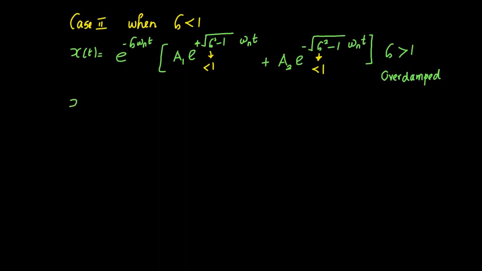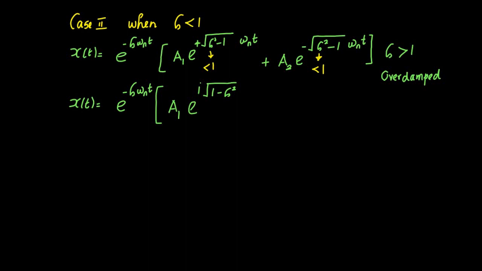x of t is equal to e raised to the power minus eta omega n into t, into a1 into e raised to the power. You see, I can write this expression as root of 1 minus eta square, taking the negative sign outside, which means that you will be taking root of minus 1 outside. And what is the square root of minus 1? The square root of minus 1 is i.